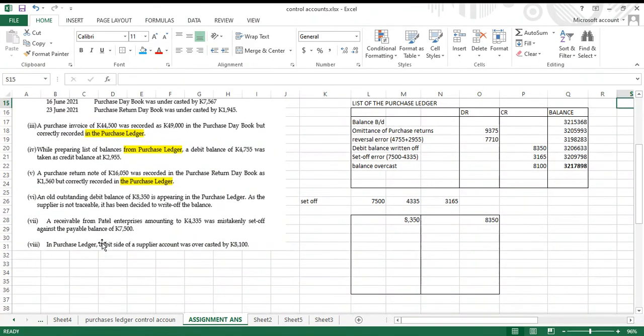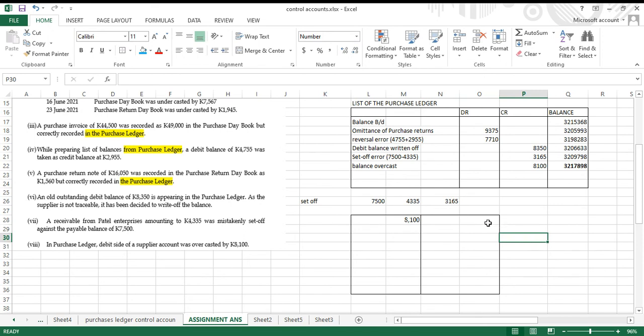And finally, in the purchase ledger, a debit side of a supply account was overcasted by 8,100. So we have an overcast on the debit side, 8,100.